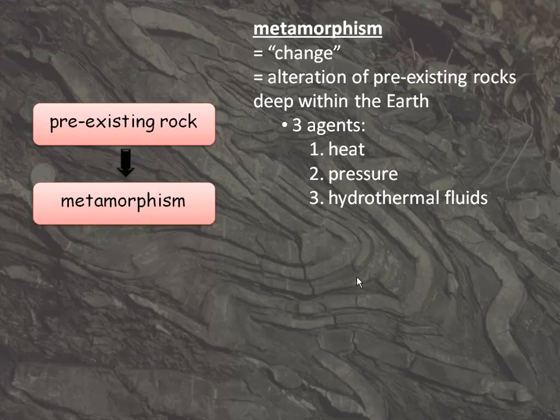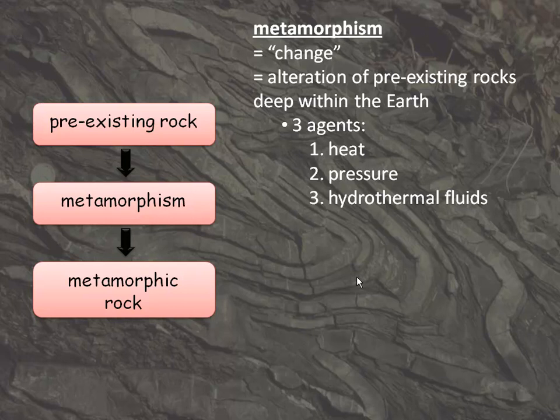So let's break that word down. Hydro means water, thermal means heat. So basically these are just hot water fluids, and they're going to interact with the minerals inside of our rock, and they could cause that rock to change or alter and become a metamorphic rock. And then in the end we get our metamorphic rock.